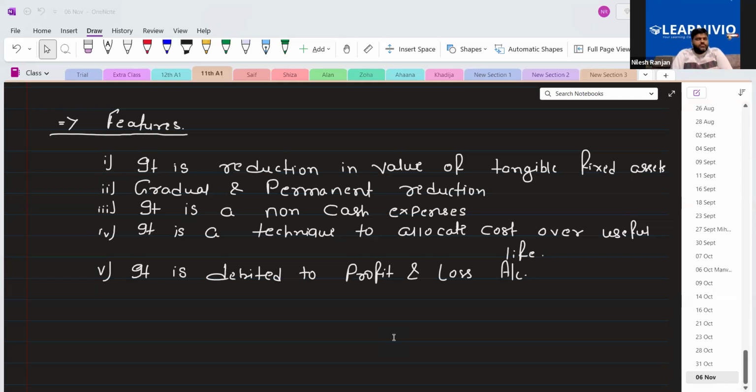The last thing I wrote is a question. Okay, go from the beginning. Tell me one by one all the topics. First, the definition or meaning of depreciation. You have written that? No, we have not done the depreciation part. We have started depreciation. You remember that? Yes or no?